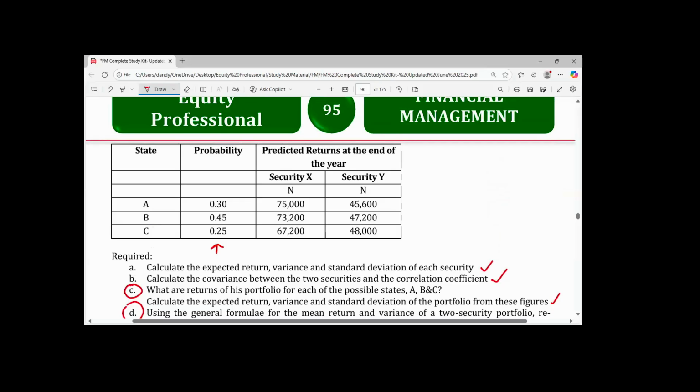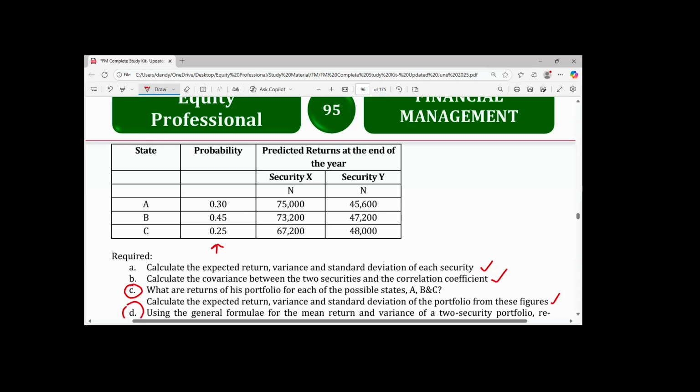Because you have the same probability of occurrence, it means that there's a relationship between security X and Y. That is the correlation coefficient. So in this case, you need to first of all calculate the covariance between security X and Y. Then you calculate the correlation coefficient to know whether the relationship between security X and Y is positively or negatively correlated. We'll come back to that one later on.